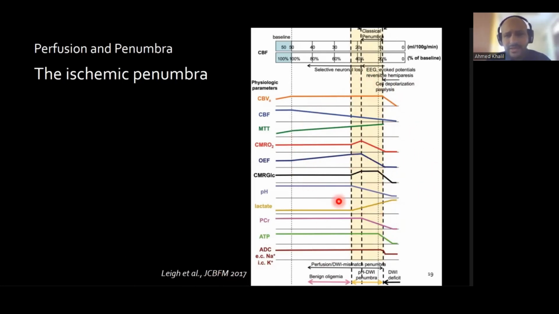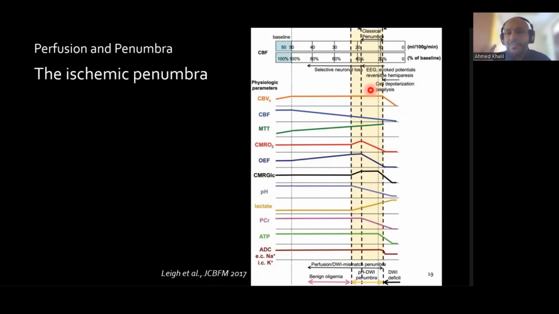The ischemic penumbra is basically defined as tissue that exists after the onset of stroke, and this tissue is dysfunctional. So it is not functioning normally in terms of its firing, action potentials, local field potentials, all that kind of stuff.